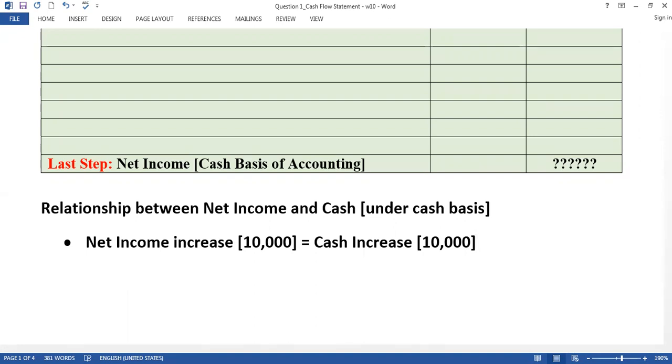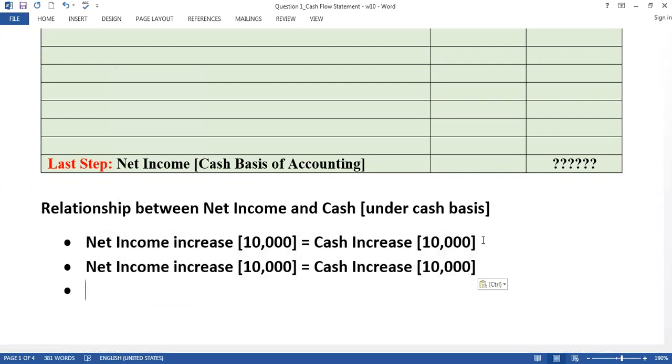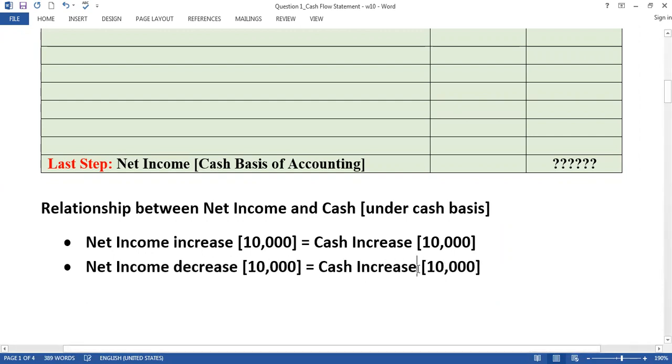Do you understand? And if net income decreases, cash should also decrease. Do you understand?